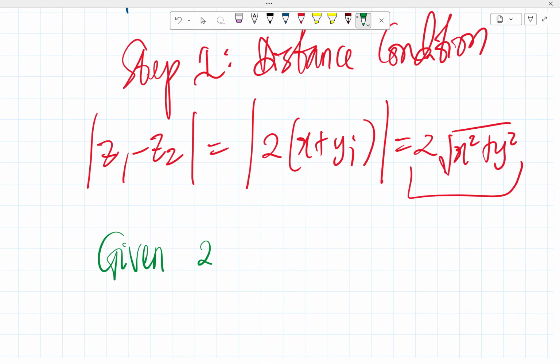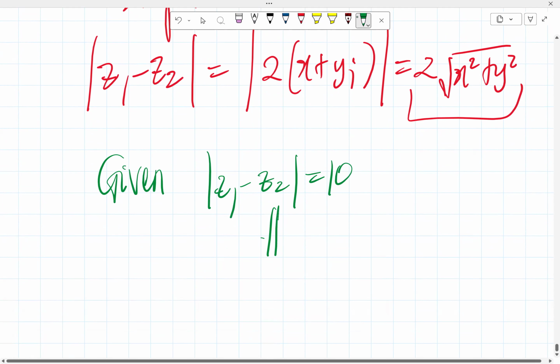Given that the absolute value of Z1 minus Z2 is equal to 10, this means we have 2 square roots of x squared plus y squared equals 10.